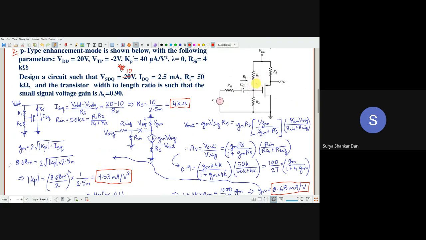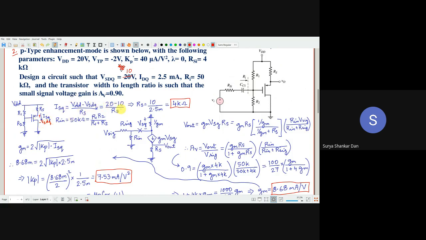Again, we will begin with the DC analysis as usual. In the DC analysis, there is a coupling capacitor over here, so essentially it will open circuit all the DC components. So your circuit simply reduces into this. So what is the ISQ? Simply VDD minus the drop VSDQ, divided by RS.